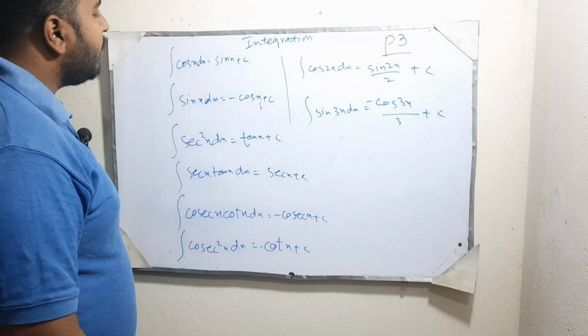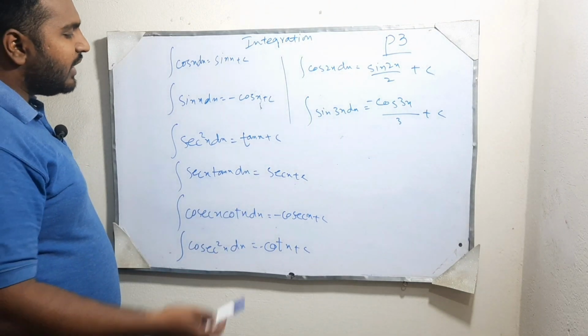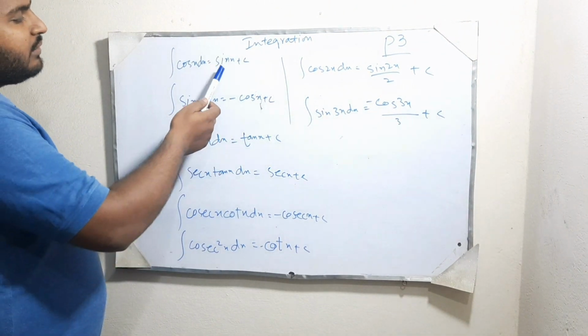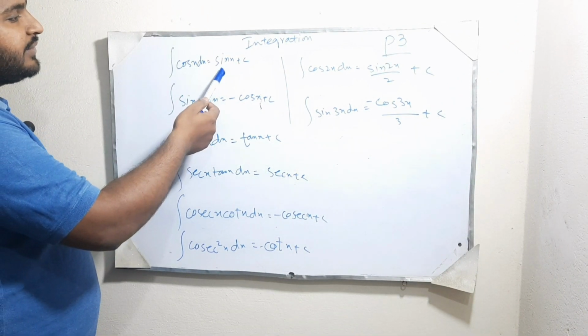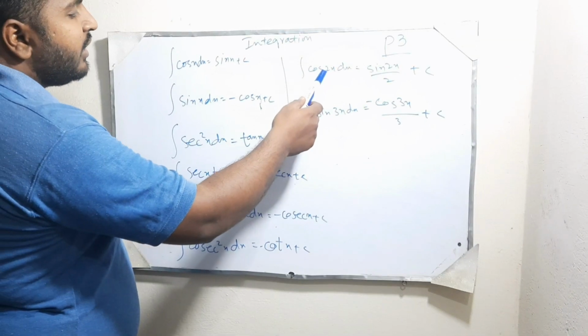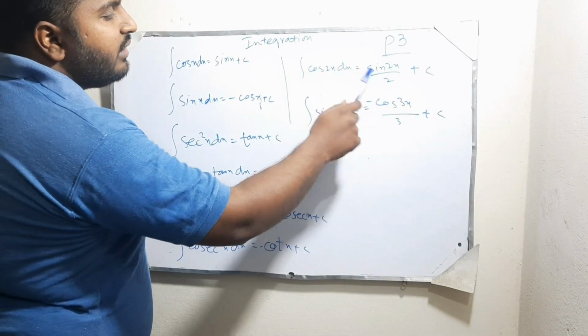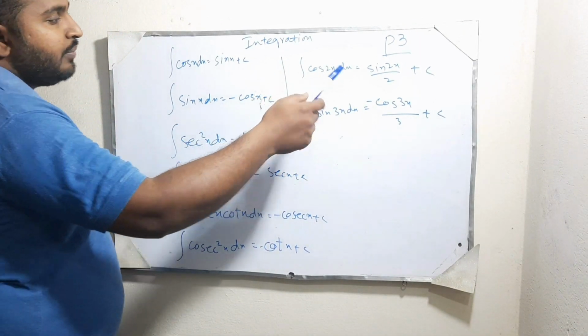Now we are talking about the integration of trigonometric functions like sin x, cos x. We know that the derivative of sin x was cos x, therefore integration of cos x would be sin x. But if here arises some k like 2, then it will divide here, like we have discussed in the exponential function.